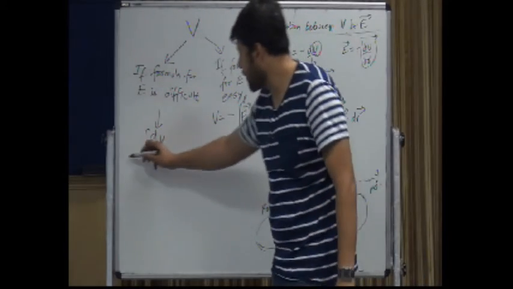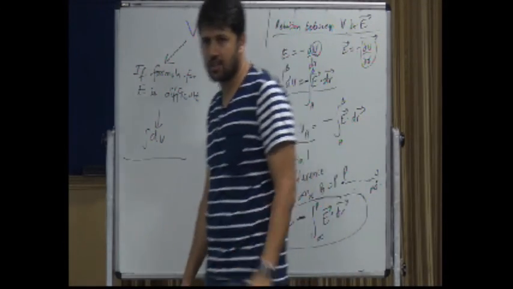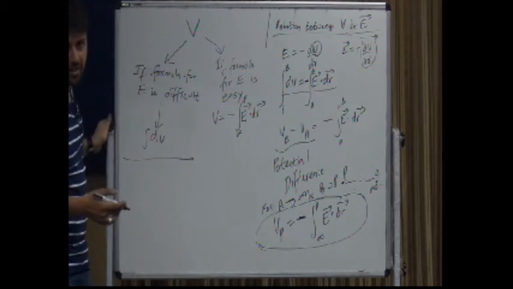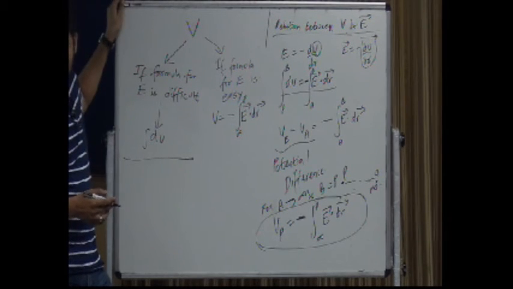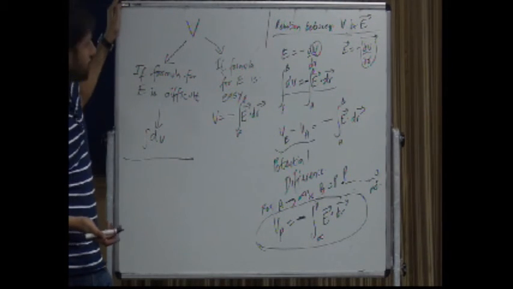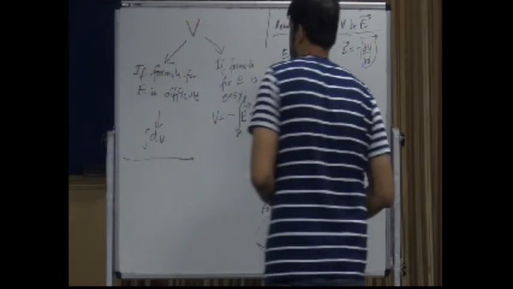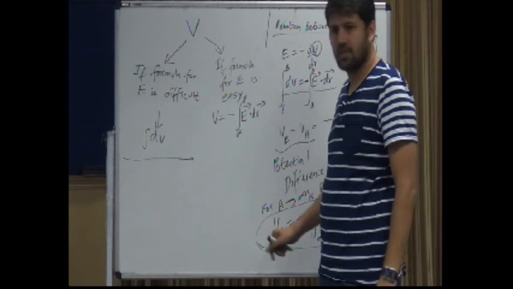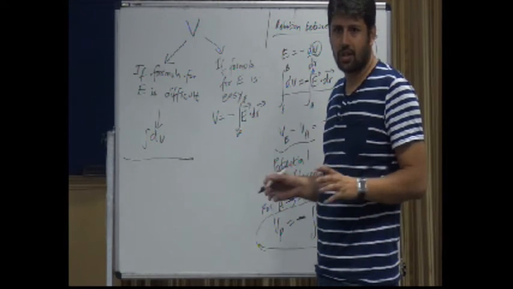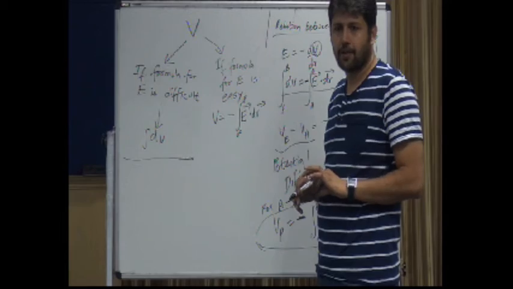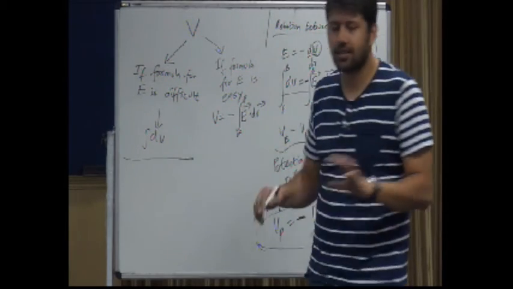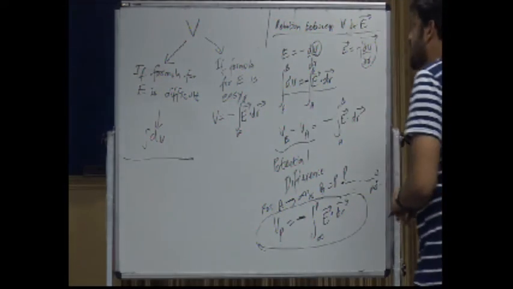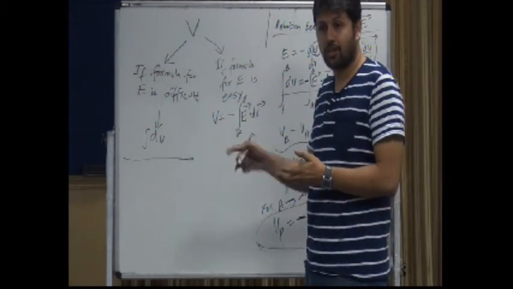Let's take the examples now. E was really difficult to find for a disk, very difficult, right? Do you remember or not? Let's start from the very basic thing, a point charge. For a point charge, the formula of E is very easy, kq by r square.